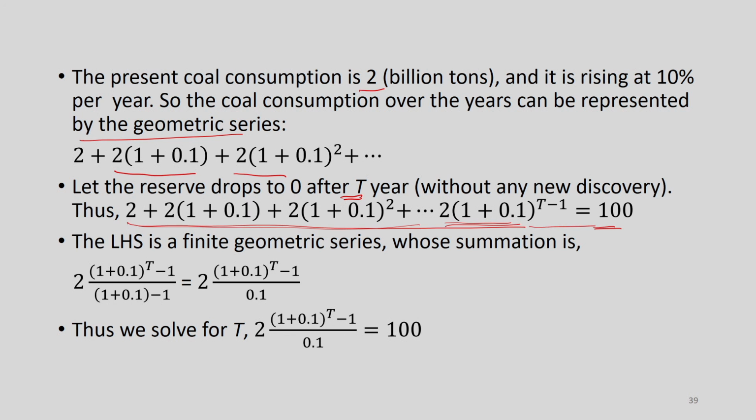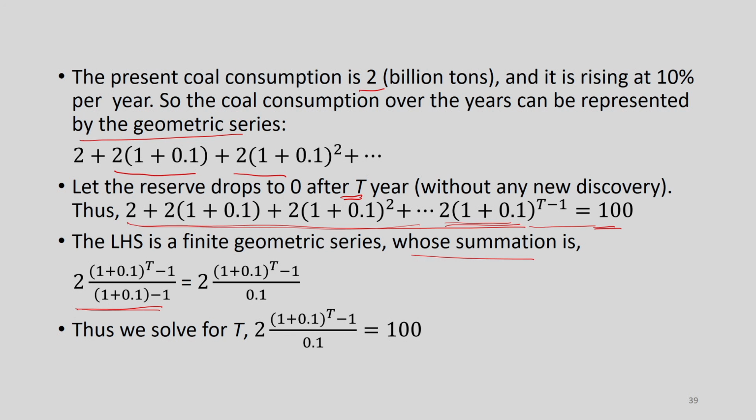Now, the left hand side is a finite geometric series whose summation is given by 2 multiplied by 1 plus 0.1 whole to the power t minus 1 divided by 1 plus 0.1 minus 1. This is the formula that we have discussed in the duration of the course, the summation of a finite geometric series.